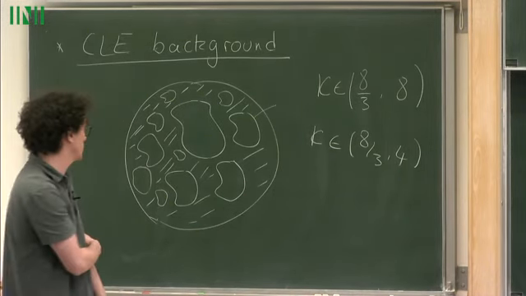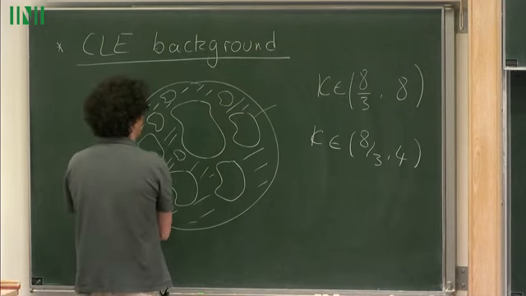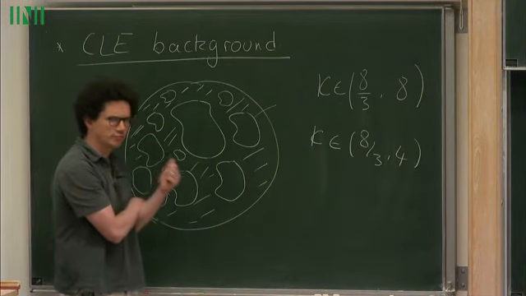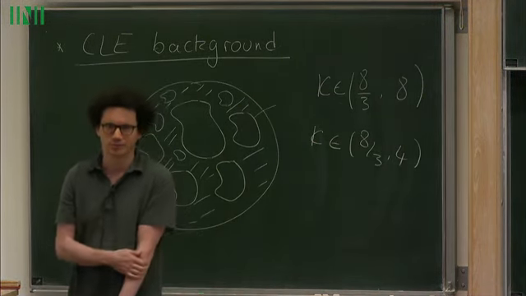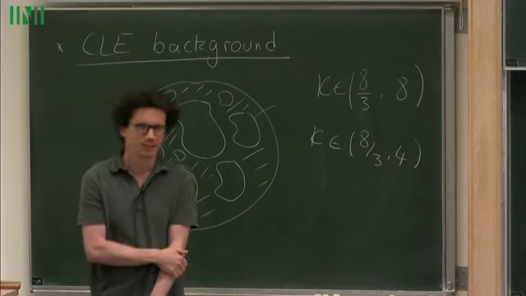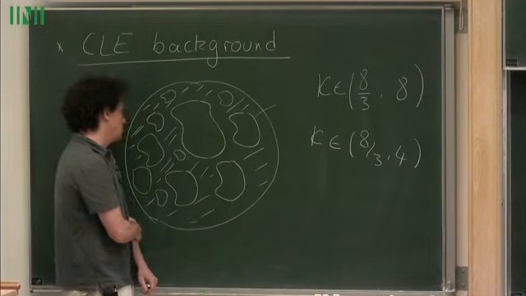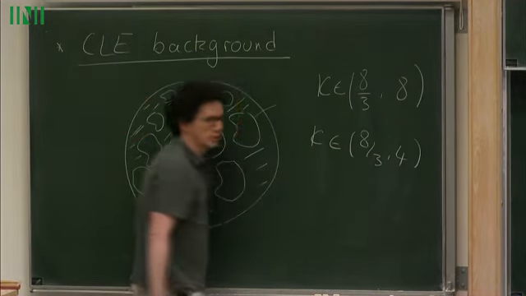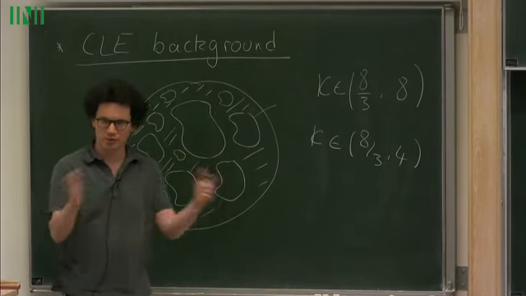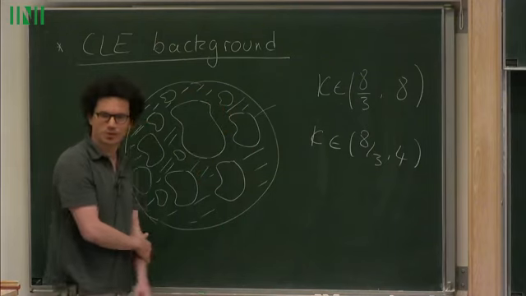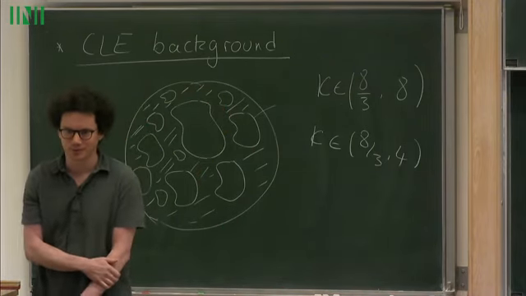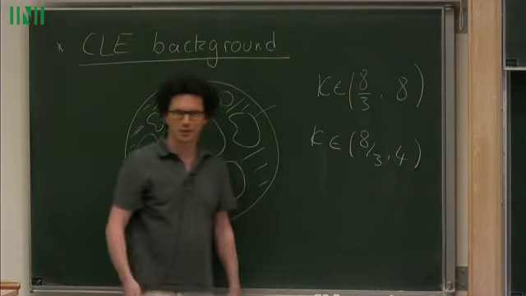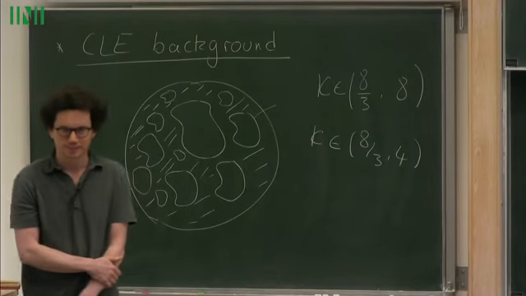That's in our paper with Scott, which by the way is somehow the unique one where, and maybe that's related, maybe Julien might tell me something about that, there's this strange thing that when kappa increases from 8/3 to 4, there's a natural way to couple all CLEs in such a way that these loops become larger. They are sort of nested in some sense. So that's the only place where one is actually looking at structures where kappa varies.